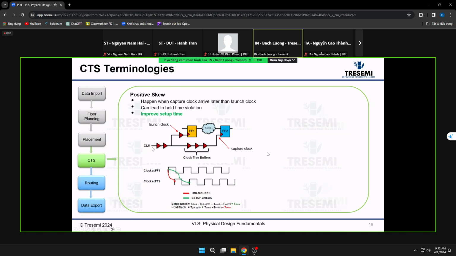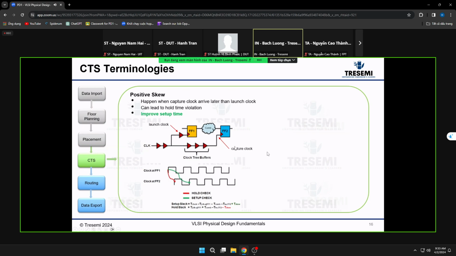Here, this launch clock has 3 buffers, and the capture clock has 2 more buffers going through. So the capture will have a longer insertion delay, which means it arrives later than the launch clock. This is a positive skew.